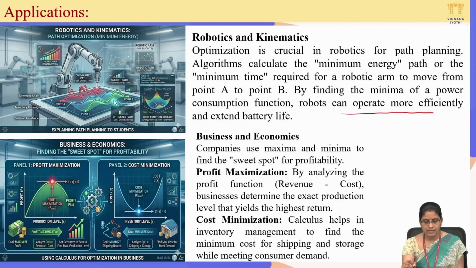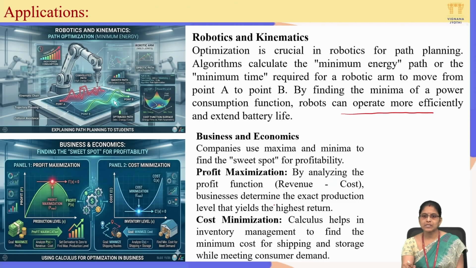In business and economics also we use calculus. In business, calculus is used for optimization. Companies use maxima and minima to find the sweet spot for profitability, that means profit maximization and cost minimization. The profit function is P of x, which is revenue minus cost.